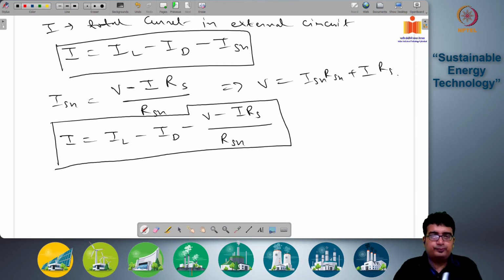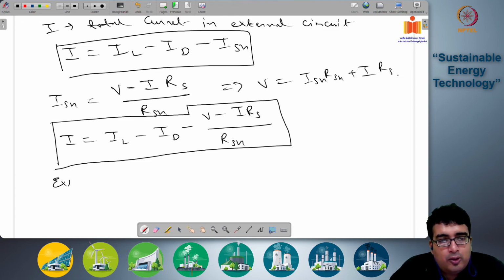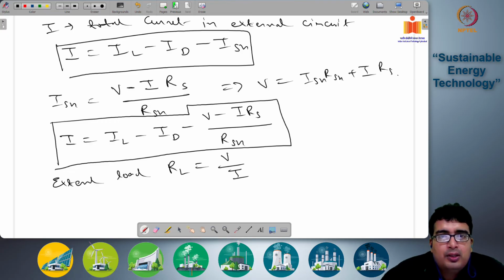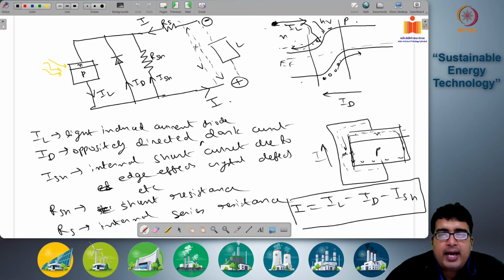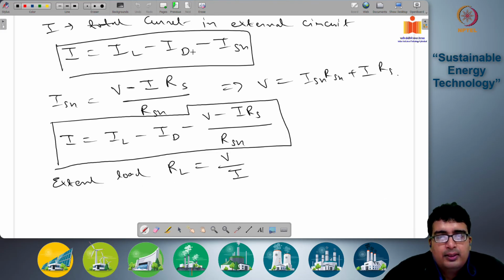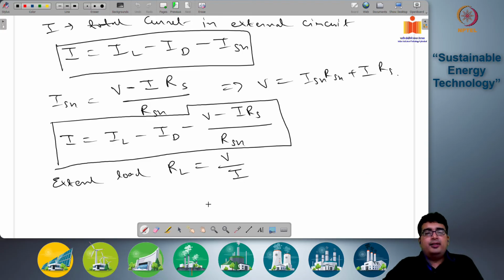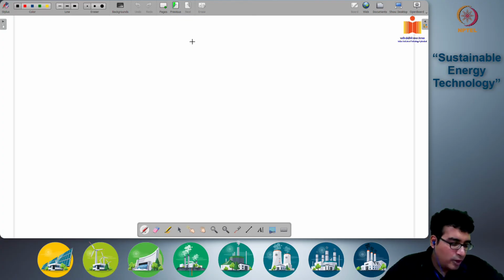Remember that external load RL is given by V by I. So if this load has a resistance RL, this is given by the external voltage by the external current, V by I. So then, what are the requirements of a good solar cell?